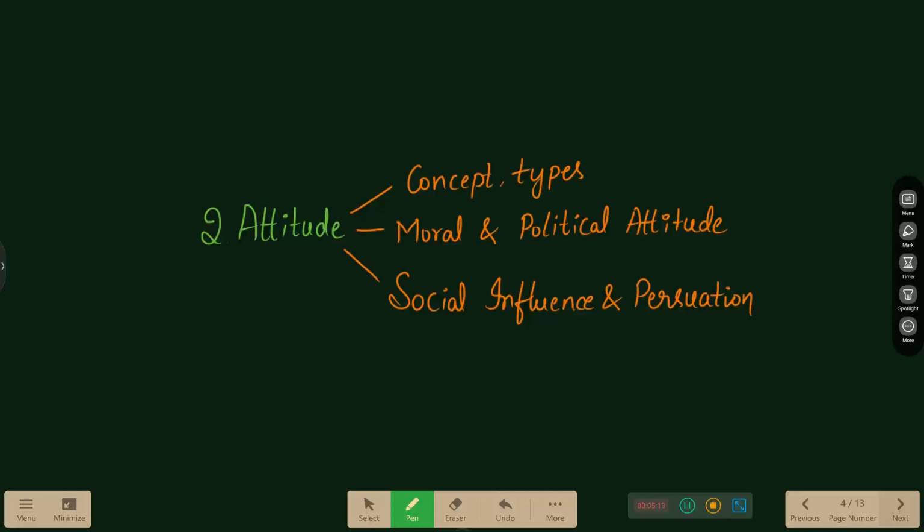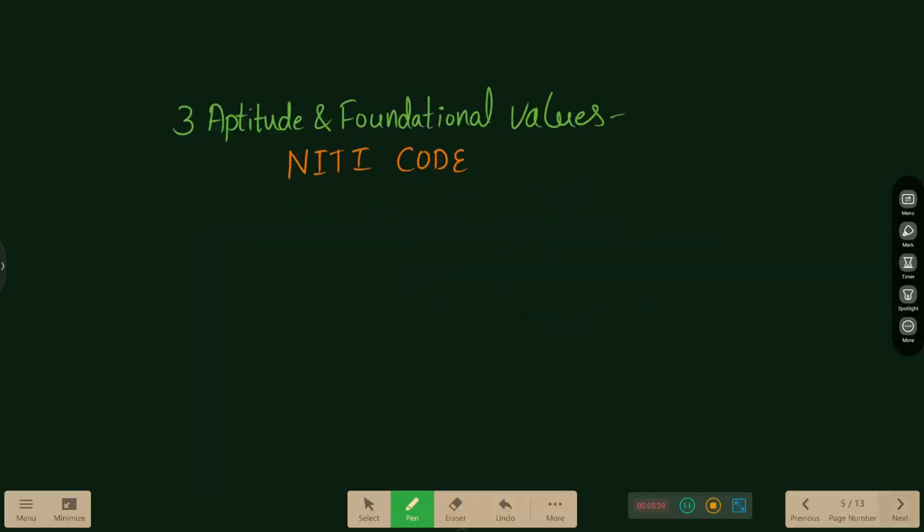What is social influence and persuasion, which is very important. Fine. These are the few things you need to learn from attitude: the concept, where you will study the definition, types, components, relation between behavior, attitude and thought, then moral and political attitude, and social influence and persuasion.